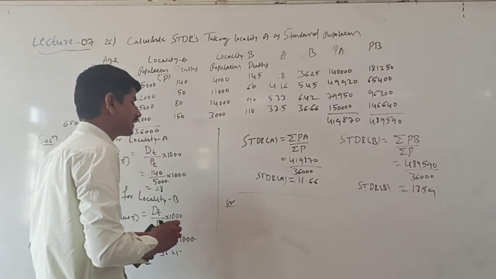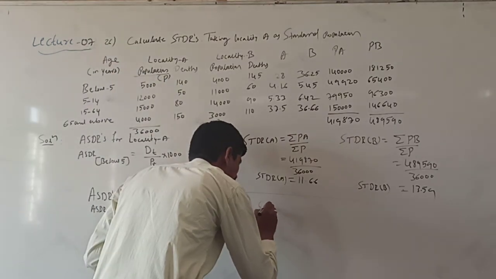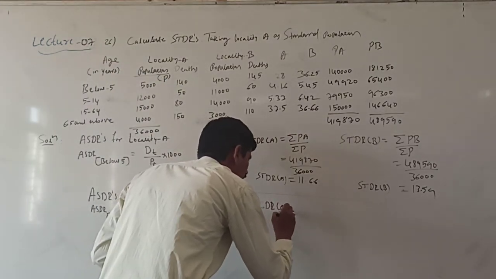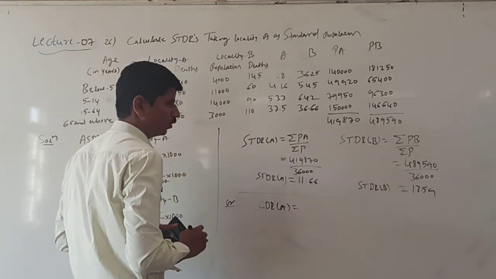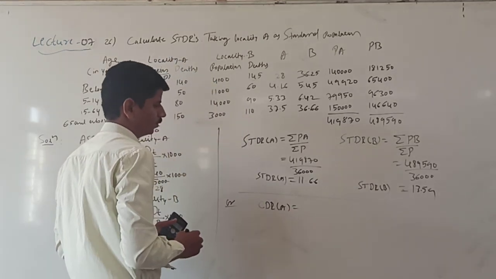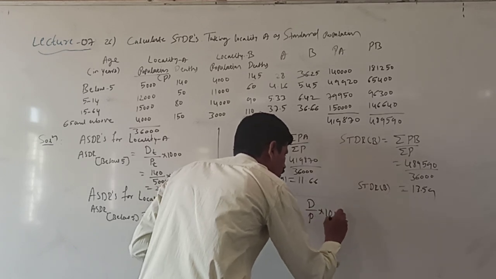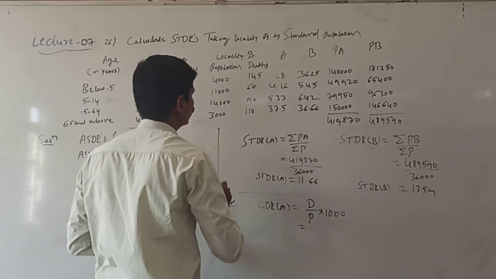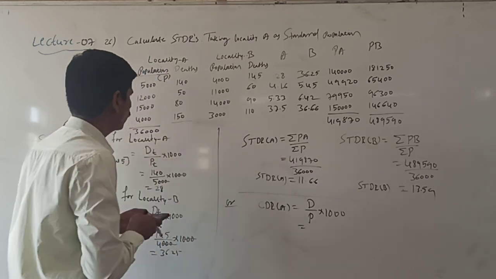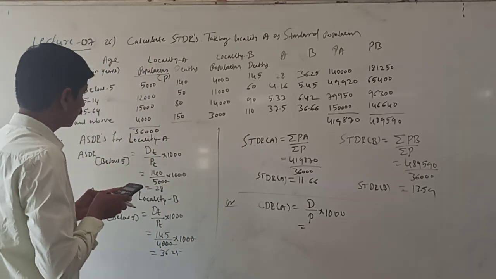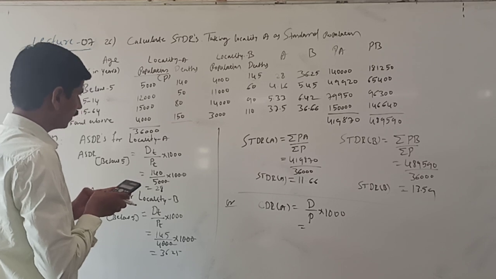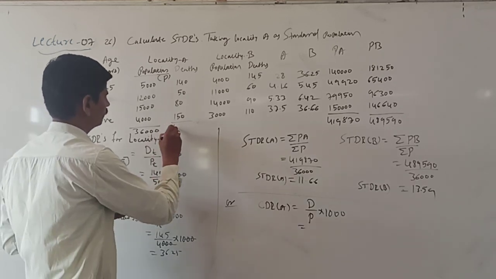Okay, see here CDR for A is equal to D by P into 1000, number of deaths by population: 140 plus 50 plus 80 plus 150, then we'll get 420.